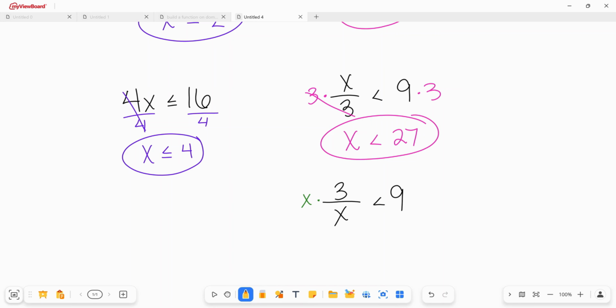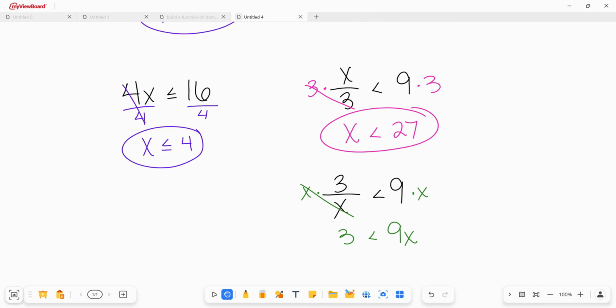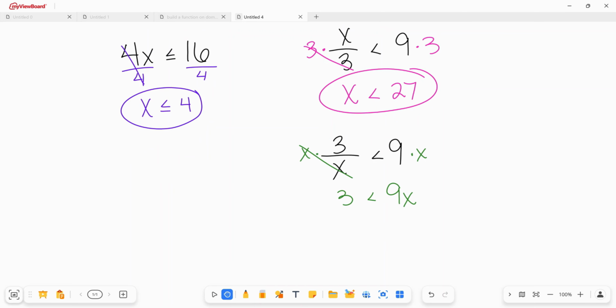So I'm going to multiply both sides by x first to get 3 is less than 9x. And then it turns back into a multiplication problem like we have over here, where I'm just going to divide both sides by 9. So 3 divided by 9 simplifies down to 1/3. Whether or not you got that is completely fine. But then there we go.